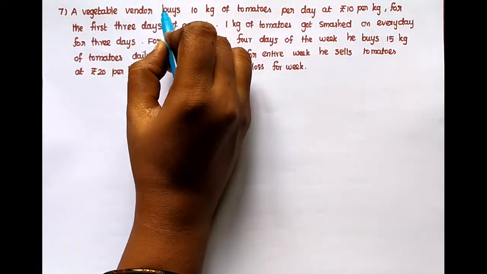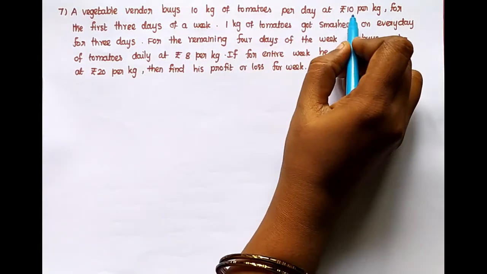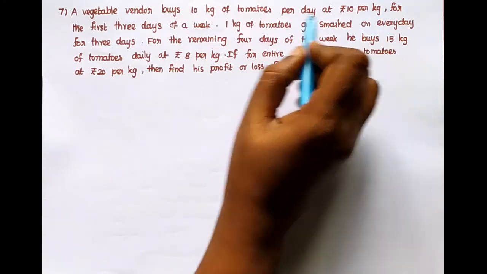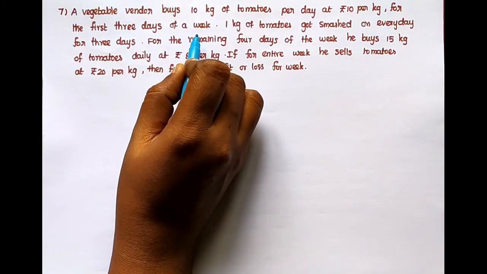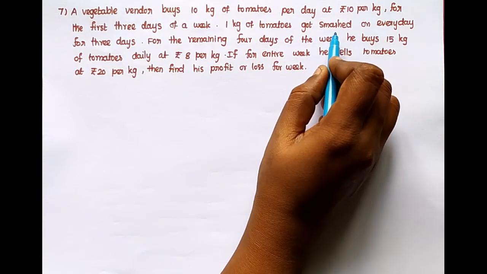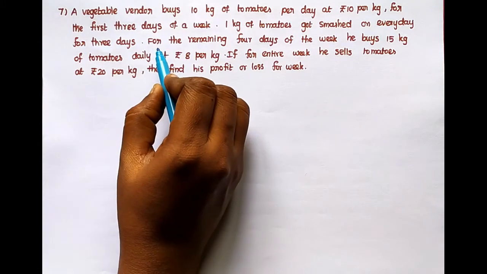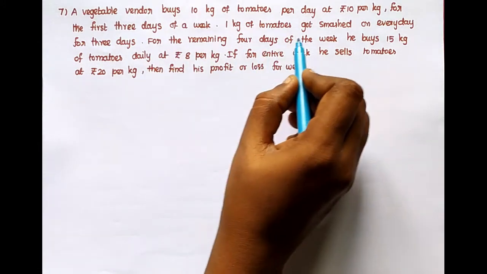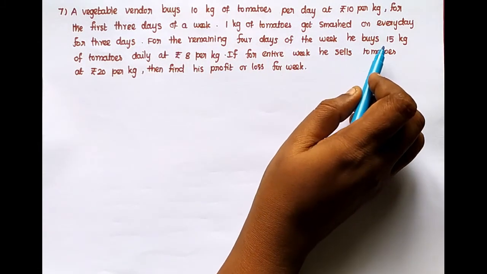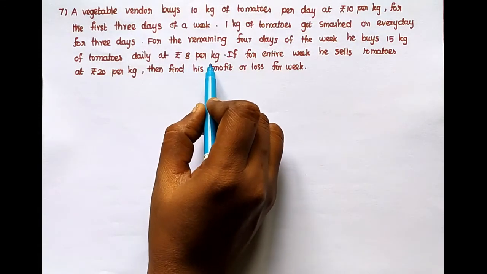7th sum. A vegetable vendor buys 10 kg of tomatoes per day at rupees 10 per kilogram for the first 3 days of a week. 1 kilogram of tomatoes got smashed on every day for 3 days. For the remaining 4 days of the week, he buys 15 kg of tomatoes daily at rupees 8 per kilogram.